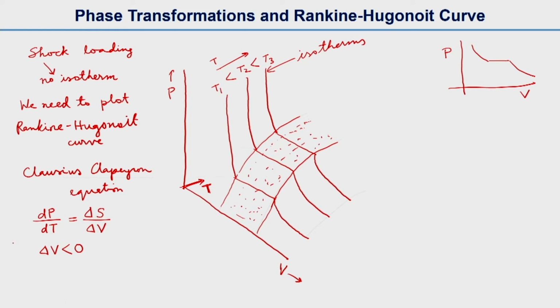Here we are assuming that the volume will decrease in the phase transformation, and that entropy will also decrease. So if volume decreases and entropy decreases, then the dP/dT term will increase.